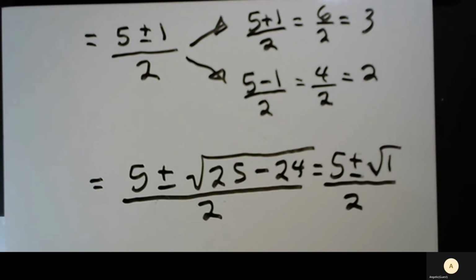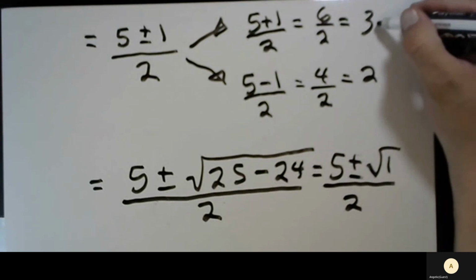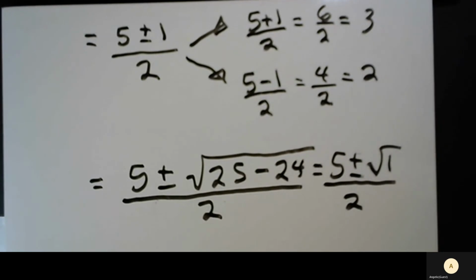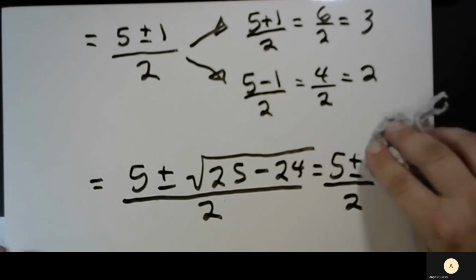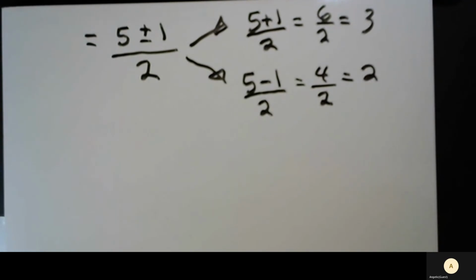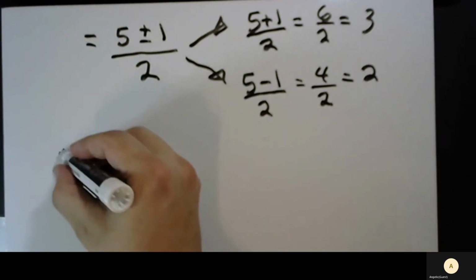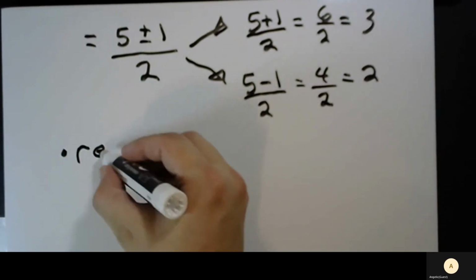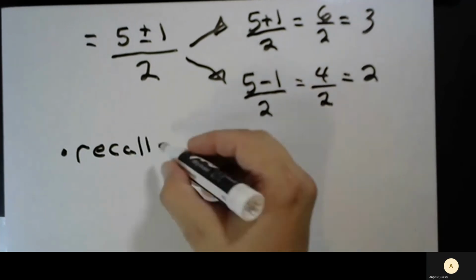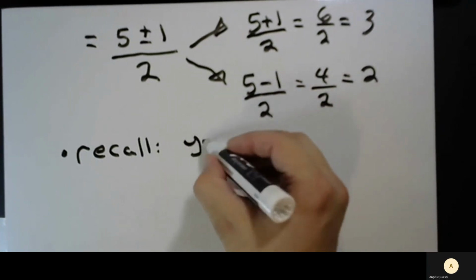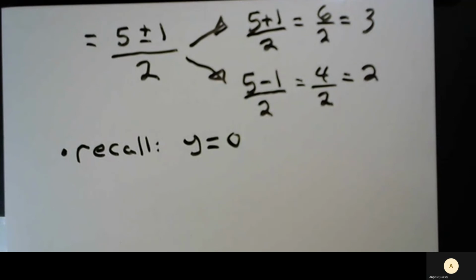So when we solve for x, when y is 0, this is an x, and this is an x. So since y was 0, we set y equal to 0.